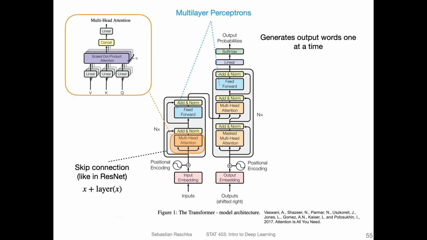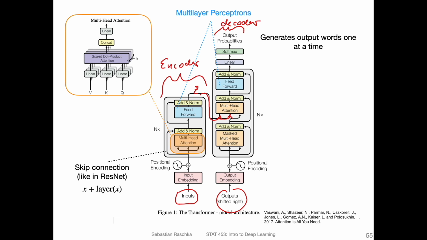So we can see the big picture is that we have 2 parts, an encoder and a decoder here. And the encoder receives input words, so that could be a sentence. It will produce a representation of that, which is then passed to the decoder together with outputs, shifted outputs.